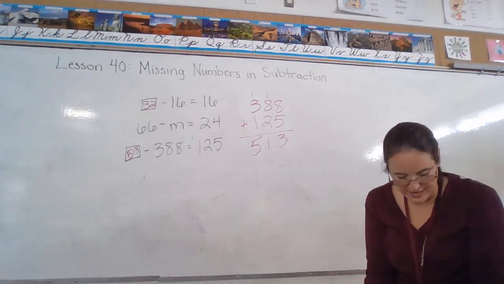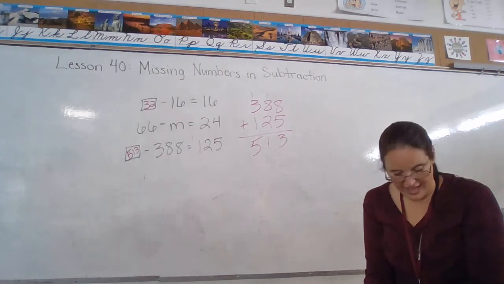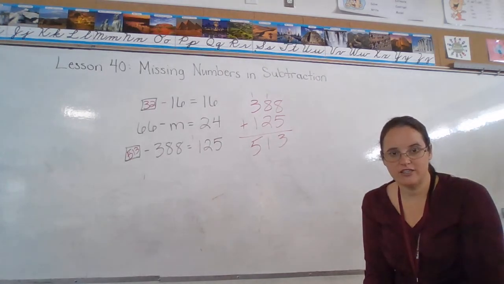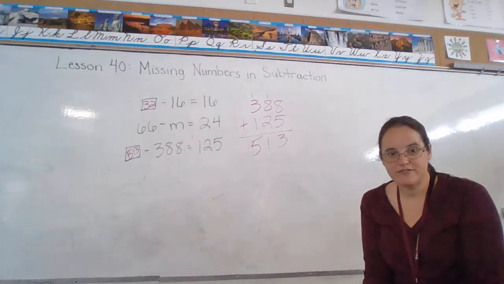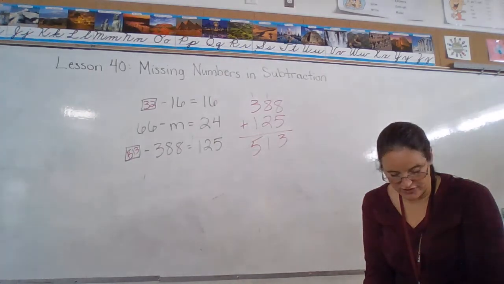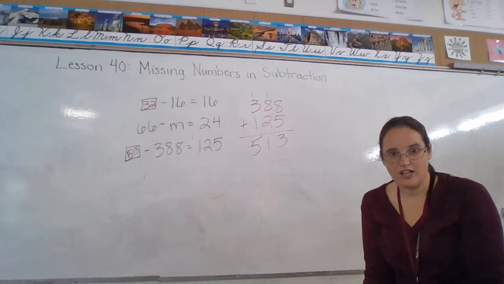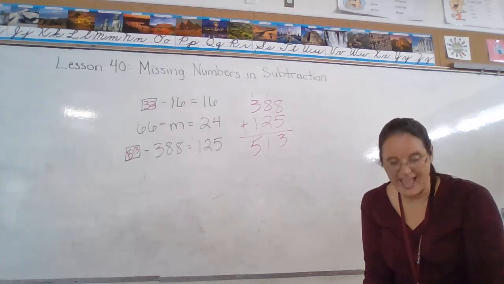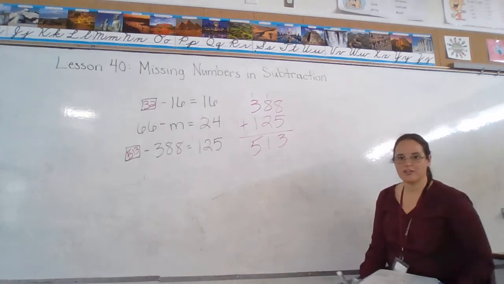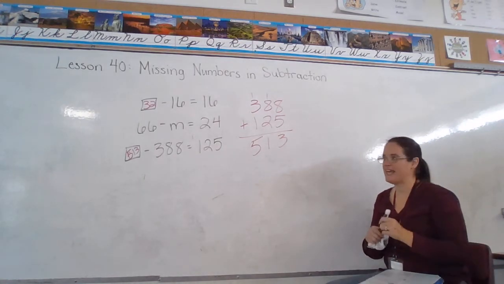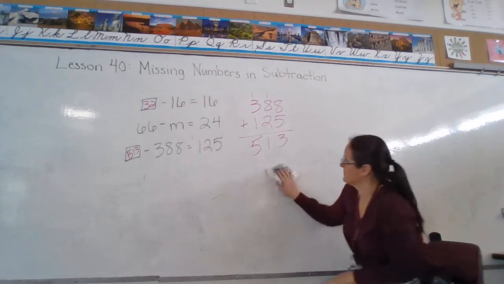I'll read it one more time. Before the carnival, Angus had $21.50. He spent some money on rides and food. After the carnival, Angus had $9. How much did Angus spend at the carnival? Hit pause, try that one on your own, and then hit play when you're ready to go over the answer together.